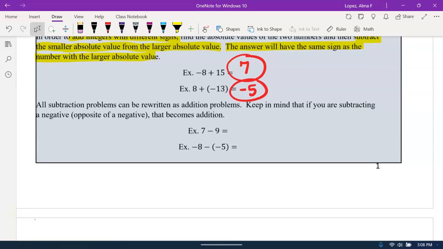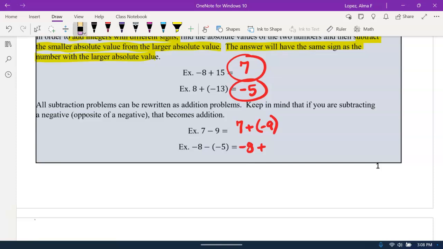All subtraction problems can be written as addition problems. Keep that in mind so that if you kind of freak out on this last rule especially, you can make it into an addition problem this way. We can rewrite this as 7 plus a negative 9. Same thing here. I can rewrite that as negative 8 plus, I'm sorry, this one is different.